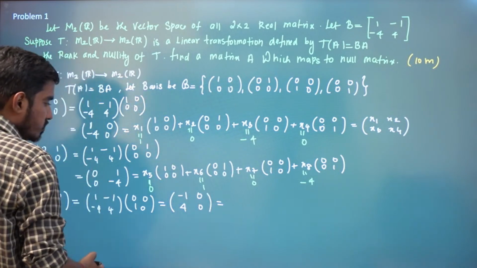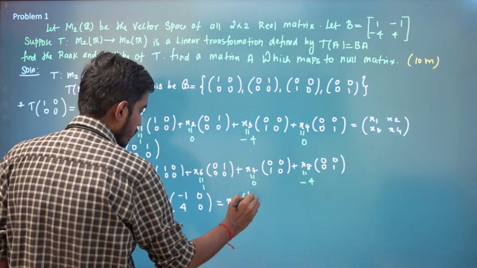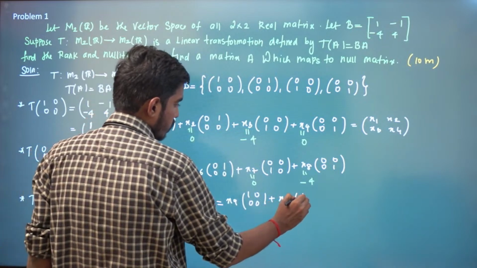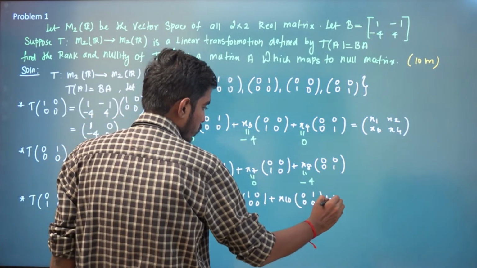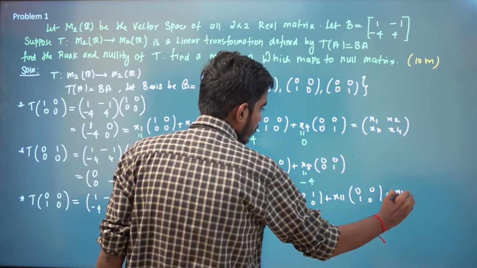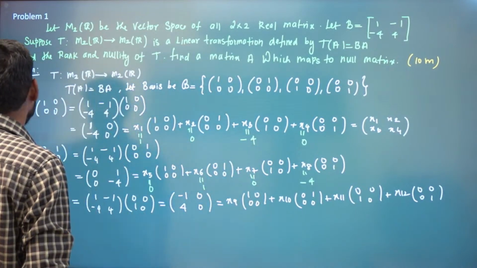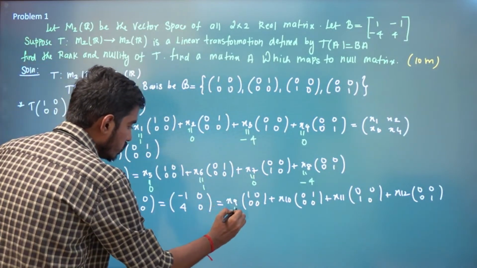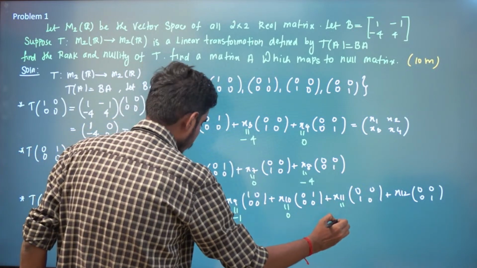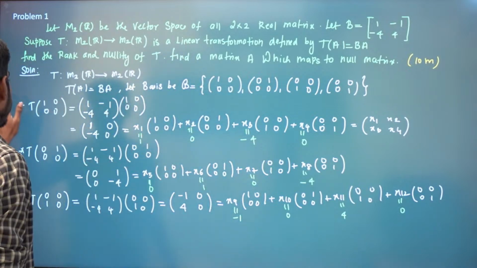Now you have to express this as a linear combination of basis vectors. So let us call this x9 times 1 0 0 0 plus x10 times 0 1 0 0 plus x11 times 0 0 1 0 plus x12 times 0 0 0 1. Now solve for x1, x2, x3, x4. What will you have? This will be equal to minus 1, this will be equal to 0, this will be equal to 4, and this will be equal to 0, right?